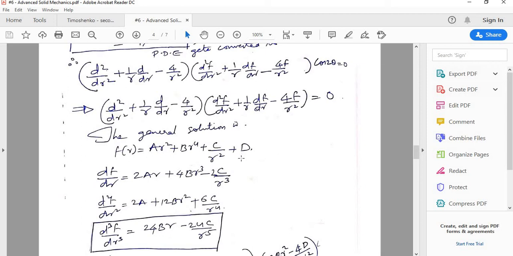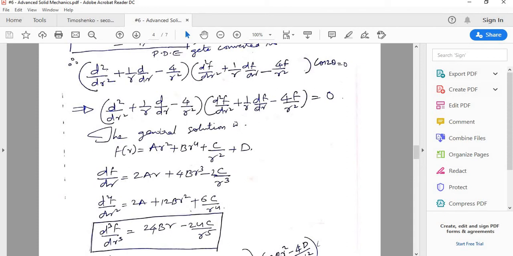That's not in the scope of our discussion. But anyway, you have four constants a, b, c and d, and then it is a polynomial function in terms of r or radius. So you have r square, r raised to 4 and r square coming in the denominator.